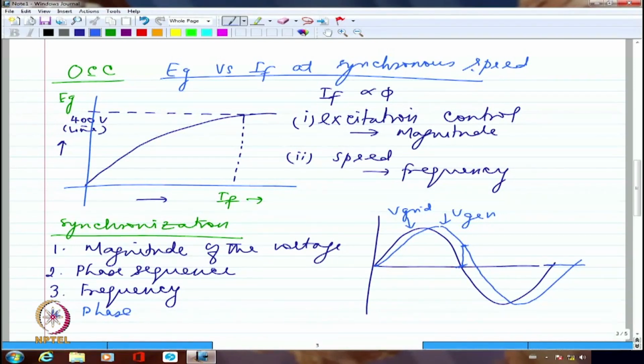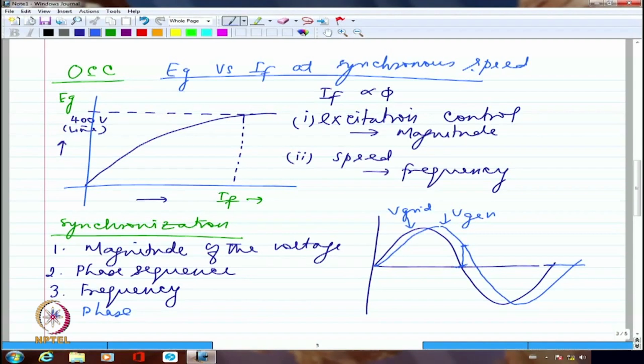So when I am trying to close the generator to the grid, I have to make sure that the voltages at the terminals of the generator will be exactly similar to the voltages at the grid point. Otherwise, I will have a huge amount of short circuit current flowing through the generator into the grid, and the generator will conk out first. That's what is going to happen. So I can't afford to do that.